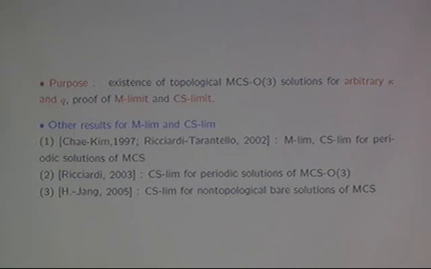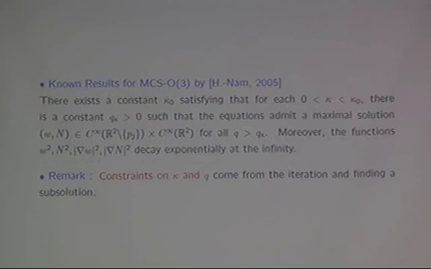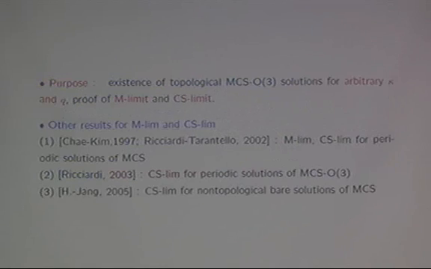In fact, for the Maxwell limit, we need kappa to go to 0. But in that case, if kappa goes to 0, then q goes to infinity, not fixed. So we cannot consider the Maxwell limit in this situation. So we need the existence of solutions for arbitrary kappa and q.